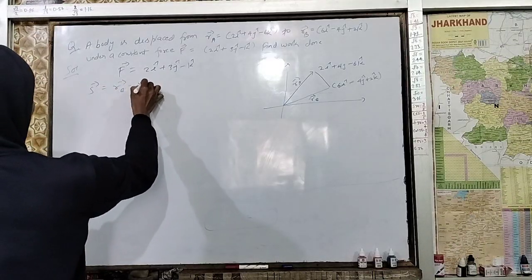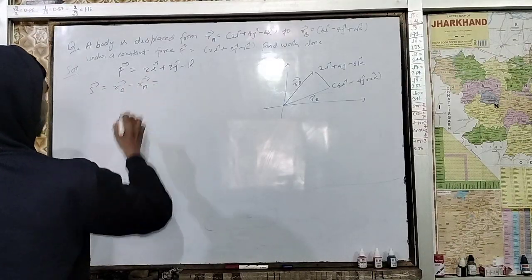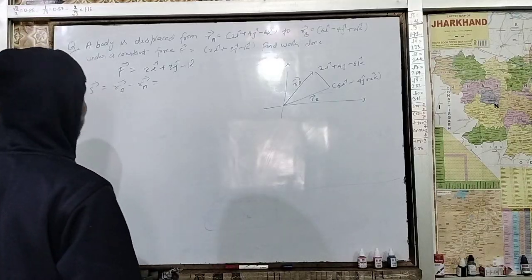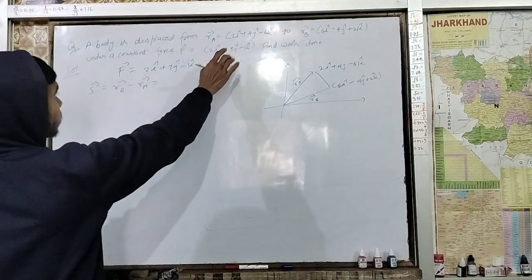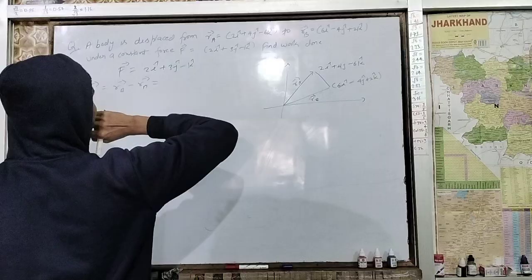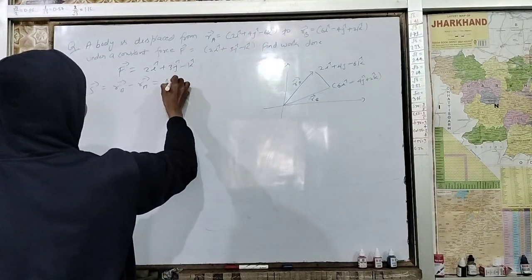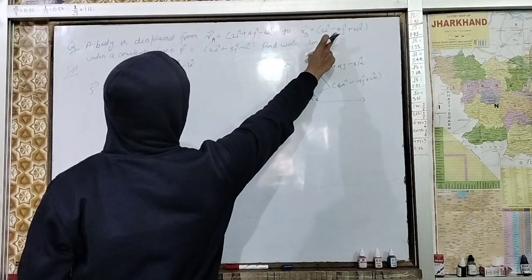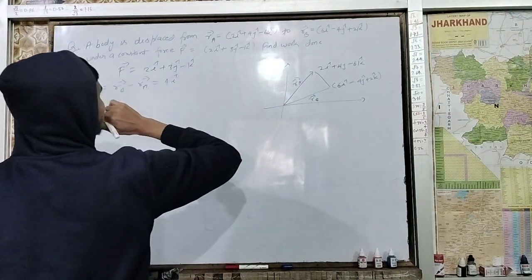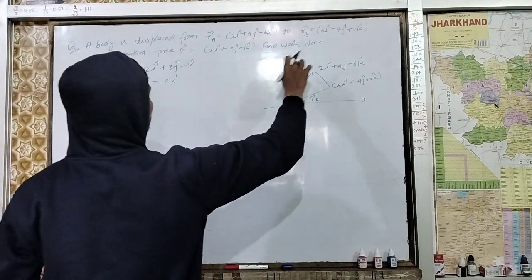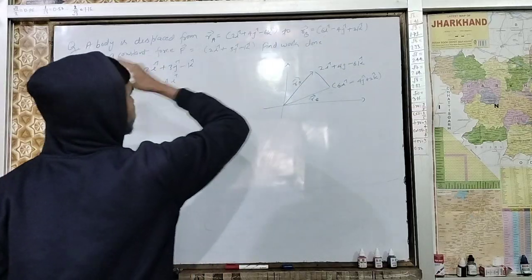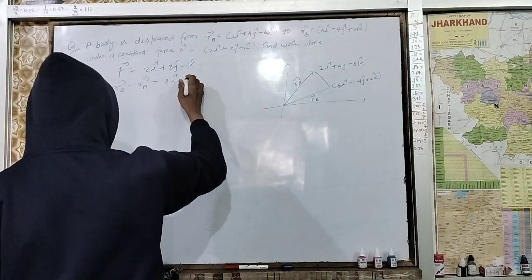Displacement would be nothing but RB minus RA. RB is 6 minus 2, 4i cap. Then 4 minus 4 will be 0.